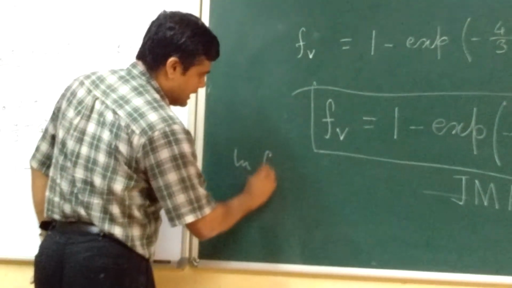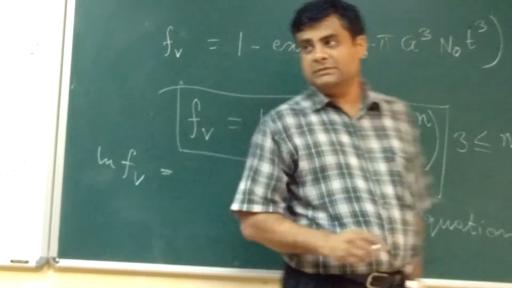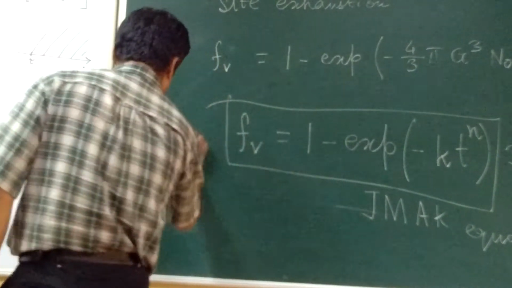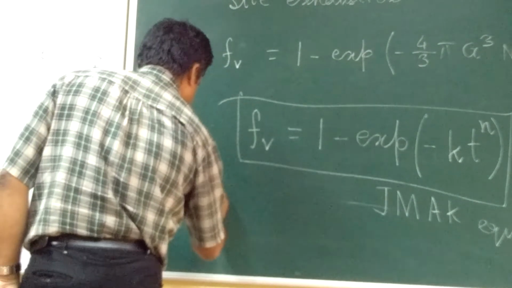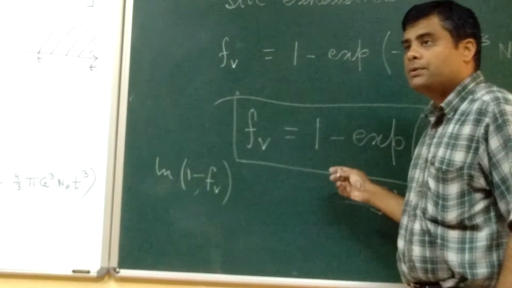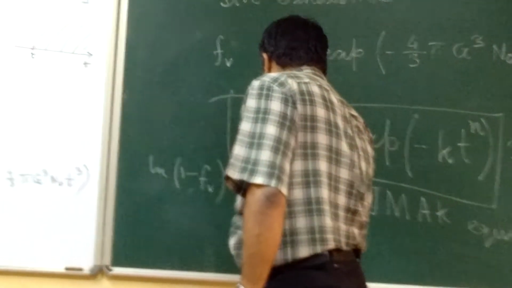To get the slope. If you take ln of 1 minus Fv, what is it? ln of 1 minus Fv equals minus k t to the power n.